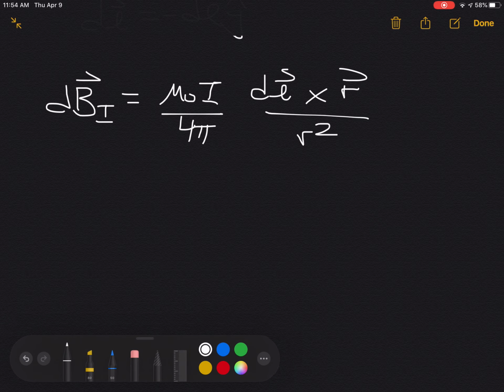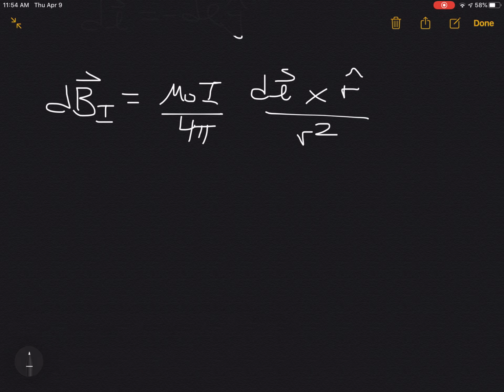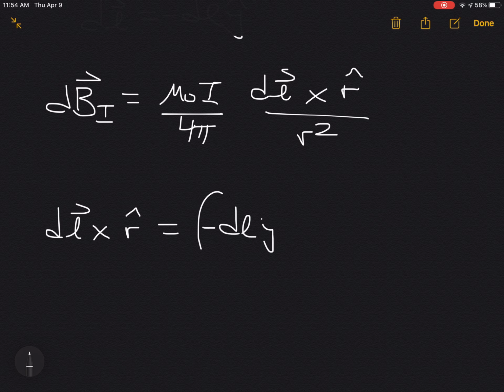Oops, I made a mistake there. That's fine. But it is important to maintain the distinction between your r vectors and r hats. Our unit vectors have magnitude 1. So just going ahead and computing this cross product, we have minus dl in the y hat direction, crossed with minus y hat.